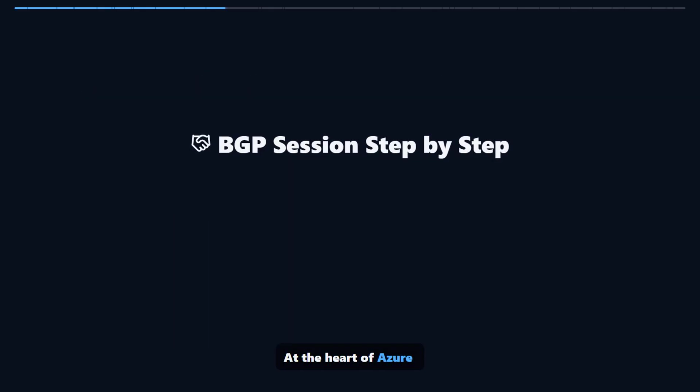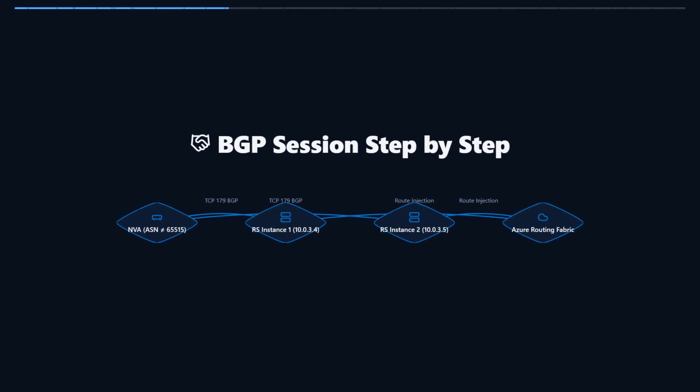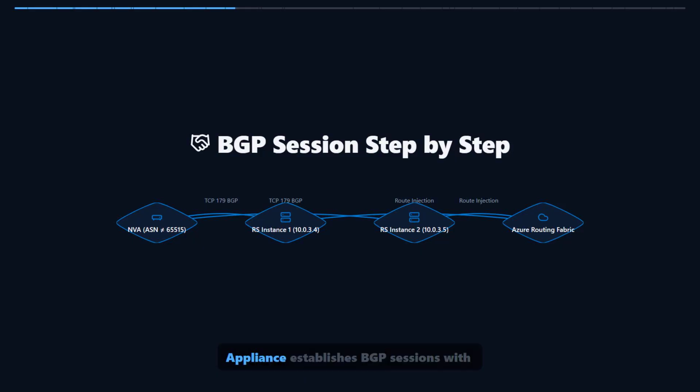At the heart of Azure Route Server is Border Gateway Protocol, or BGP. Think of BGP as a conversation between routers. Instead of manually telling every network where to send traffic, routers exchange the networks they know how to reach. In Azure, your network virtual appliance establishes BGP sessions with the two route server instances running in the dedicated route server subnet.